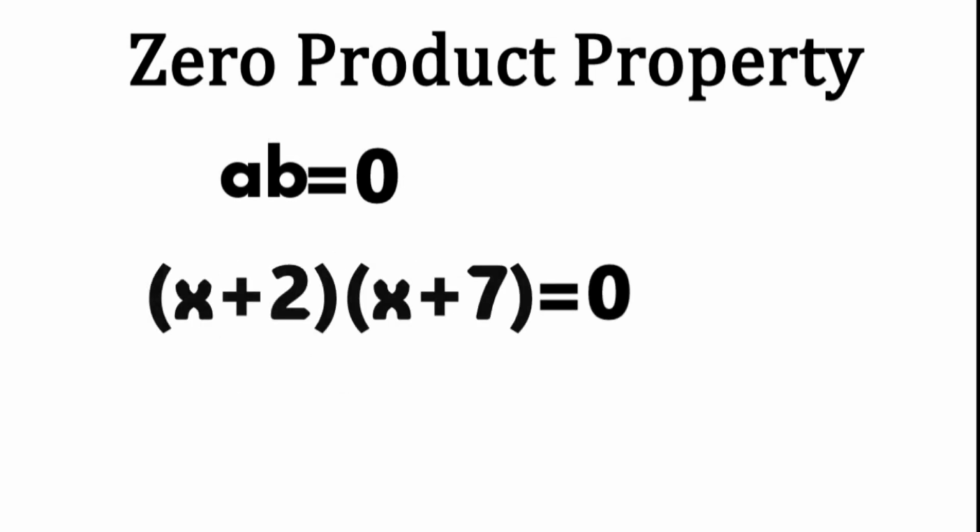This is really useful in quadratic equations, factoring quadratic equations, and finding the value of x. You set, for example, the quantity x plus 2 times the quantity x plus 7 to 0. You can find the value of x here. Those are the properties of real numbers that can be useful in algebra.